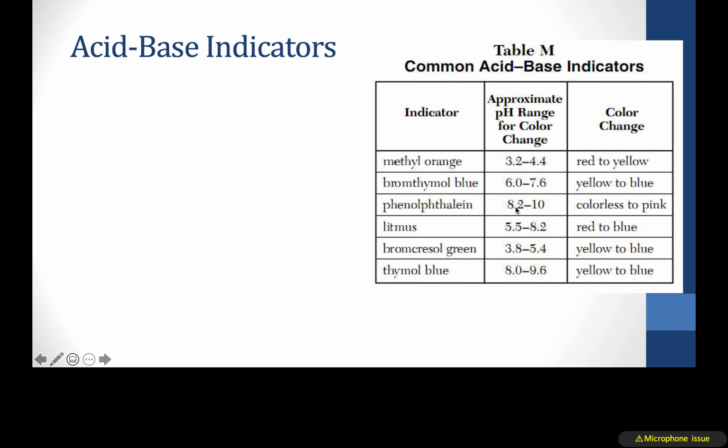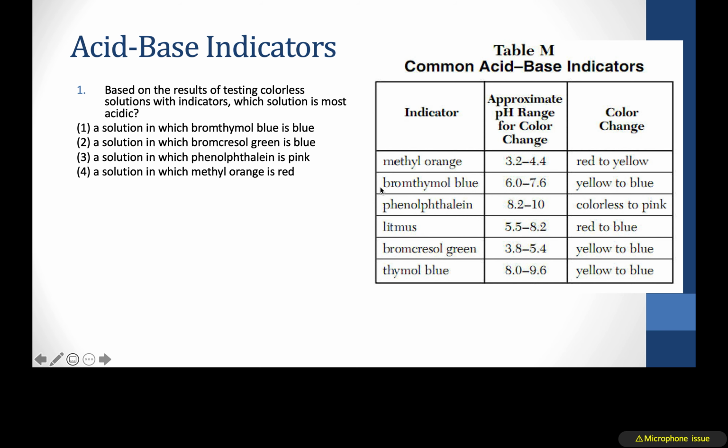Once you hit 8.2, it's going to begin to turn pink. Now, if you have a pH of 10 or higher, then the solution will be pink. So phenolphthalein would be good to distinguish between solutions that are, say, a pH of 5, which is below the range, and a pH of 11, which is above the range.